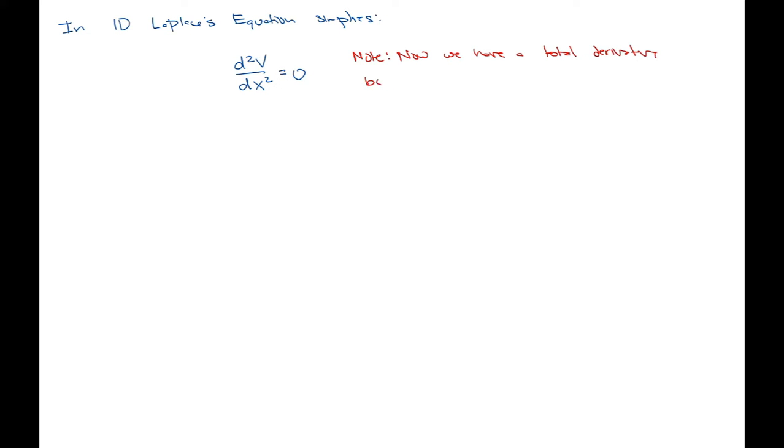And the reason for that is because there is only one dimension or variable that the potential can now depend on. And that is, of course, x, okay? So this is what we call a second order differential equation.